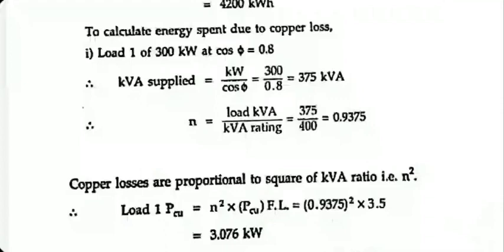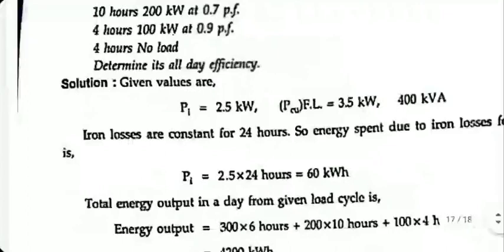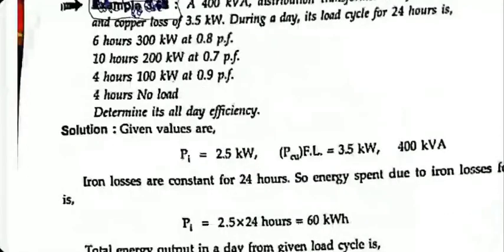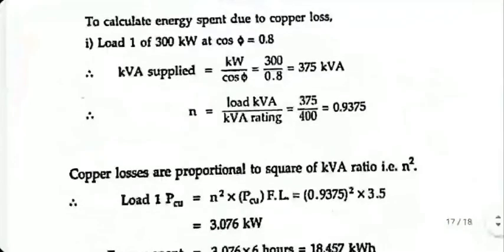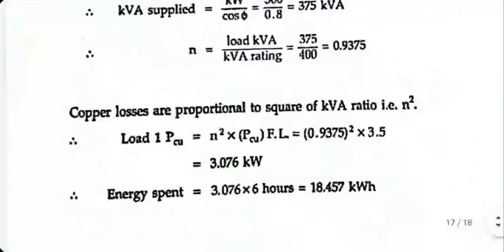So that means currents have gone down by that factor. Take the square of that factor and multiply by the full load value of the copper loss to get the actual copper loss in this 6-hour period. And then you multiply that value by the time period, which is 6 hours, to get the total energy loss due to copper loss in that period.